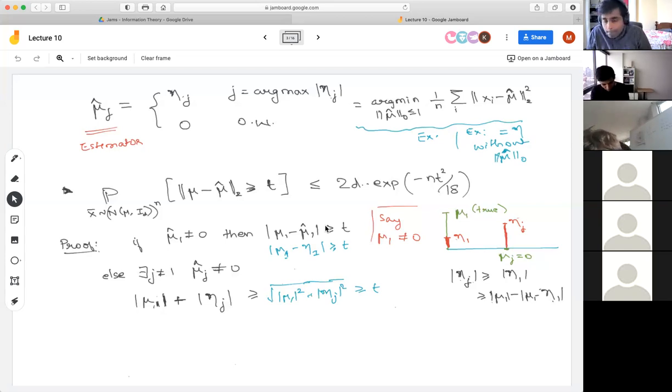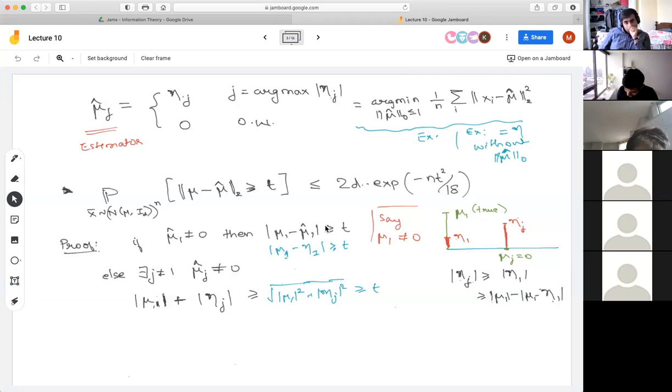Now, the only way this could have happened is the first entry of the sample mean decreased a lot from what it should have been, which was mu1. And the jth entry increased a lot, so much so that the jth entry overshot the first entry in the empirical or sample mean. So the absolute value of the jth entry was larger than the absolute value of the first entry.